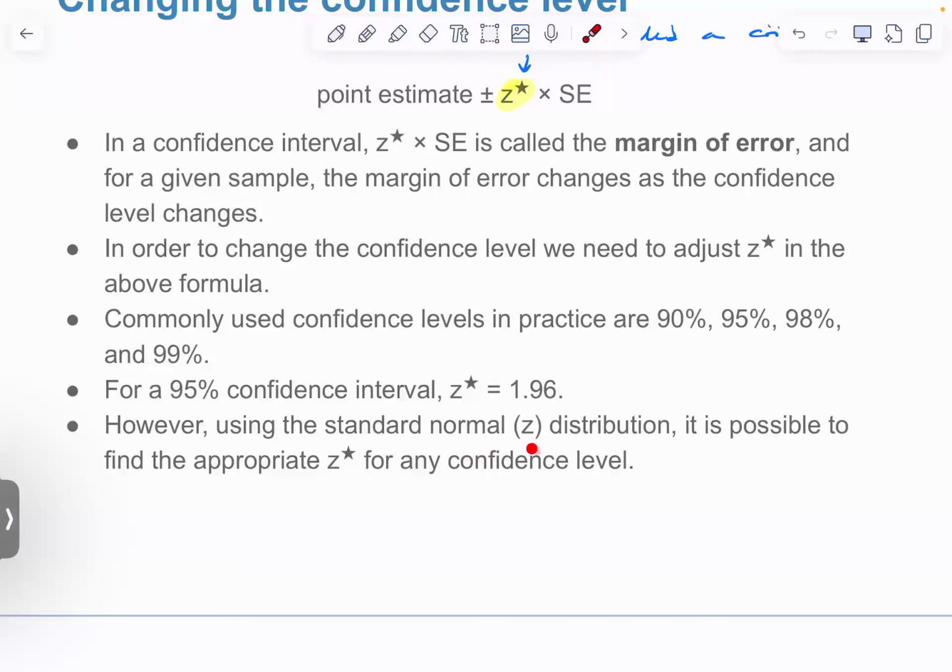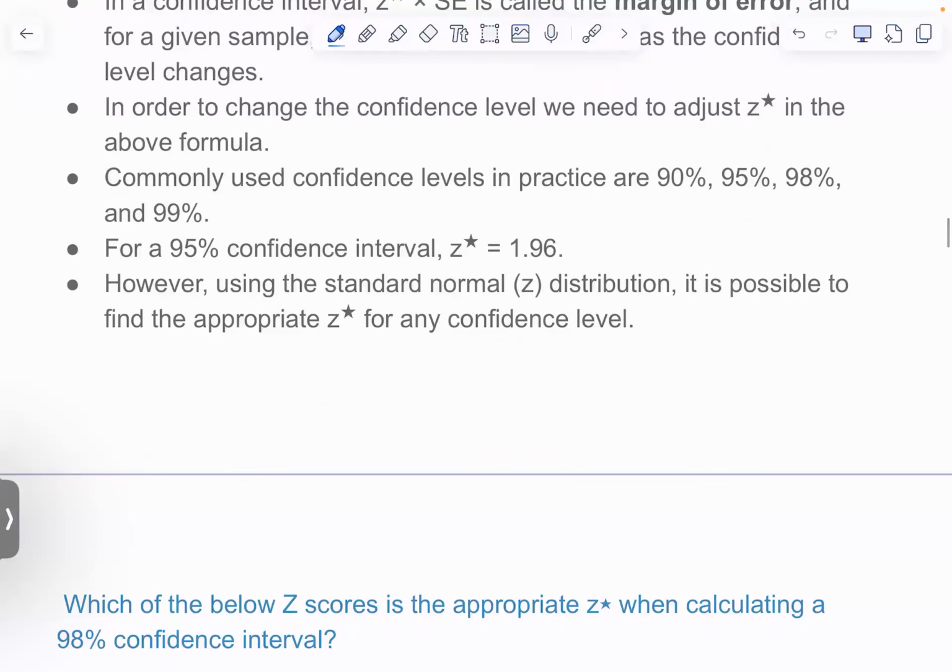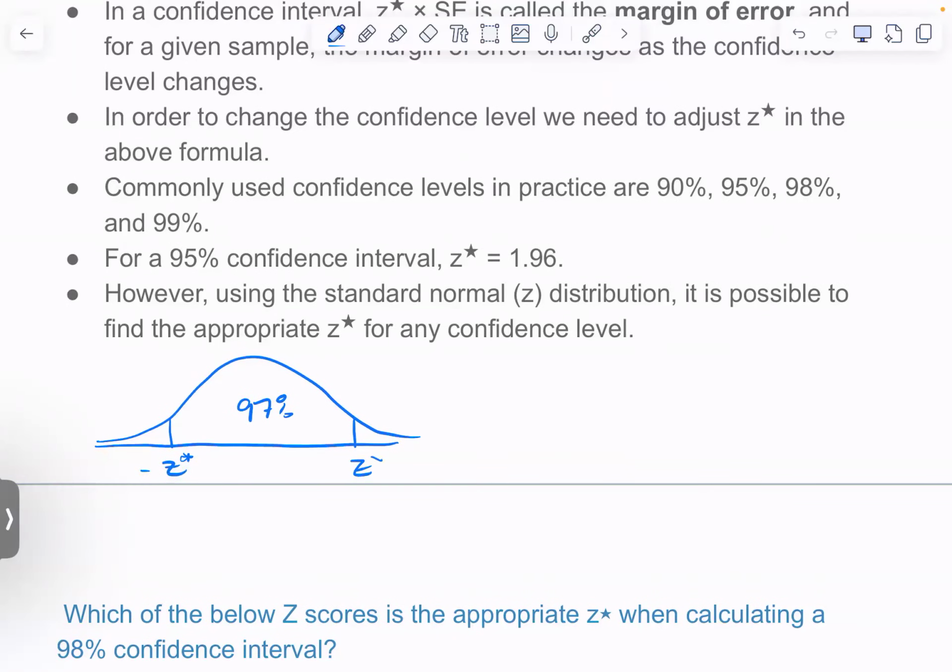Of course, with the Z distribution, so with the Z table, you could build any confidence level you wanted. So for example, let's pick one that's not on the table. As we saw last day, let's say I want to build a 97% confidence interval, right? Then I'm going to have some negative Z star and a positive Z star that makes that happen.